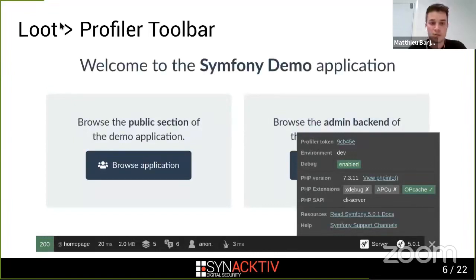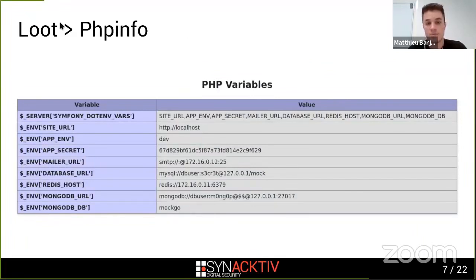This is actually the first thing you see when you come across a Symfony application that has been misconfigured. This is the profiler toolbar. It is not much, but there is already some information: the exact Symfony version, the PHP version, and some of the parameters of the deployment. And then if you go through the links, there is, for example, the PHP info.